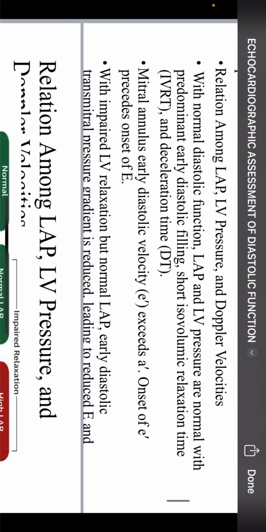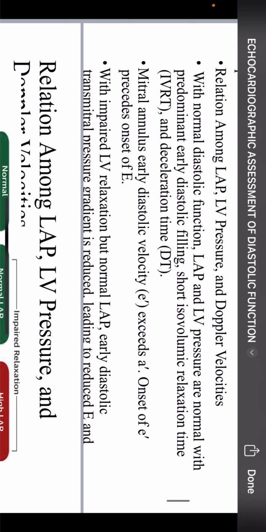But at least E wave will be taller than A wave, and that was the feature of normal diastolic function. It's not true that it has come back to normal. It is just because LA pressure has increased. LA has upgraded its game from 100 to 150 when the LV is still sleeping at 70. That is what happens. That is how pressure gradients are built up.